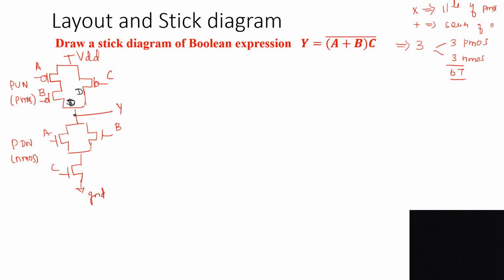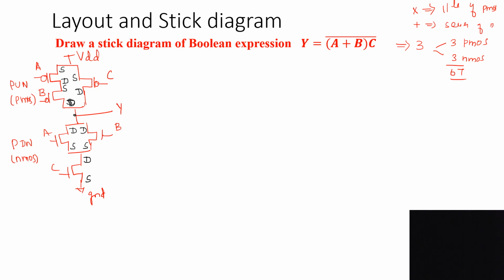So here also drain, here also drain, this is also drain. And if it is drain, then the other terminal is source. It is a series connection, so always the opposite terminal we have to place. Here it is source. And here it is drain, so obviously it is source. Here it is drain, so for this transistor also it is source. It is a series connection, so the opposite terminal is drain. Here it is source. Okay, so I have marked all the terminals.